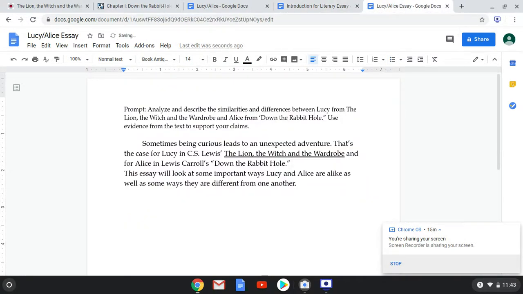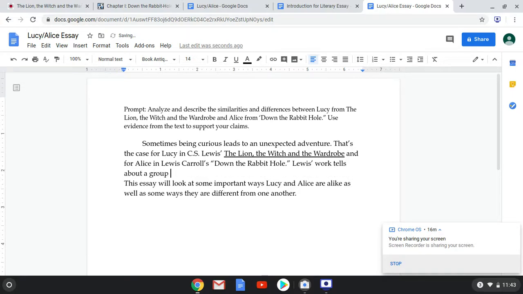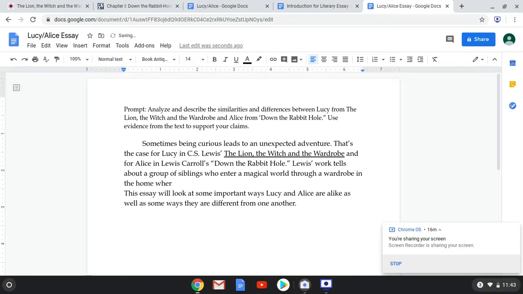And this is one thing I like, that you can use the author's last name. Lewis's work tells about a group of siblings who enter a magical, I was going to say kingdom, a magical world through a wardrobe in the home where they are staying.